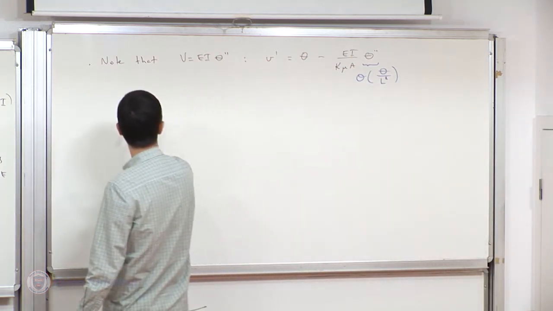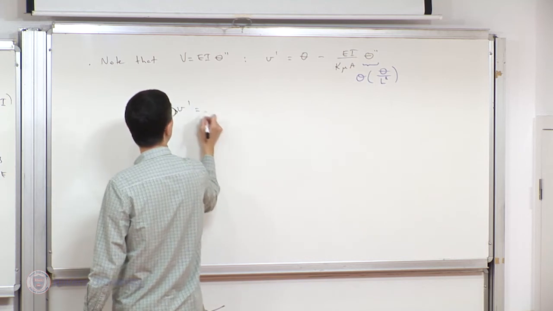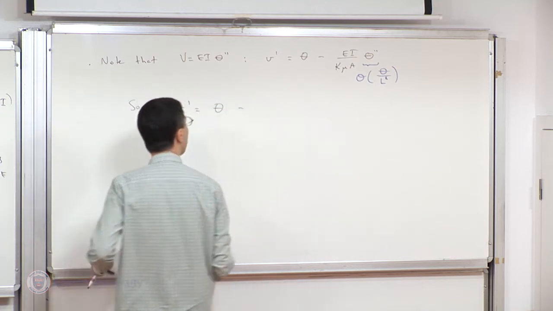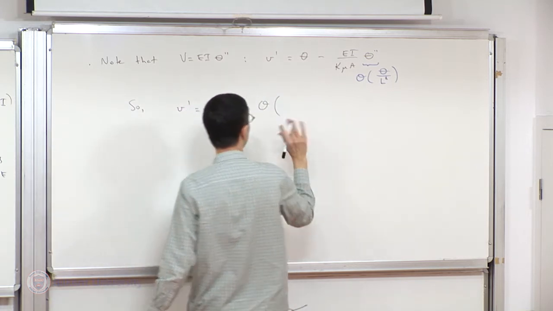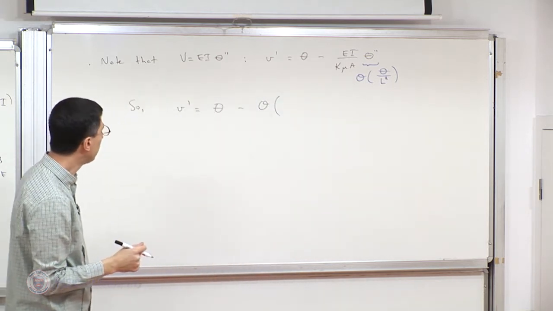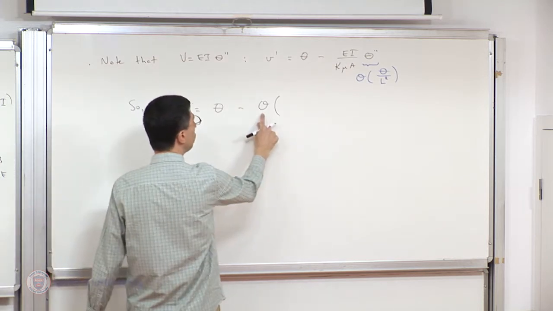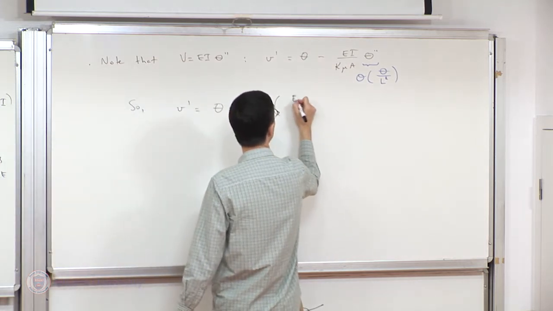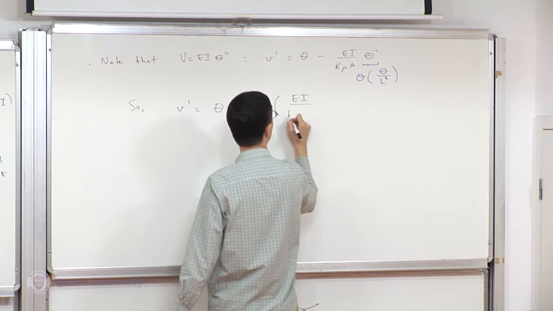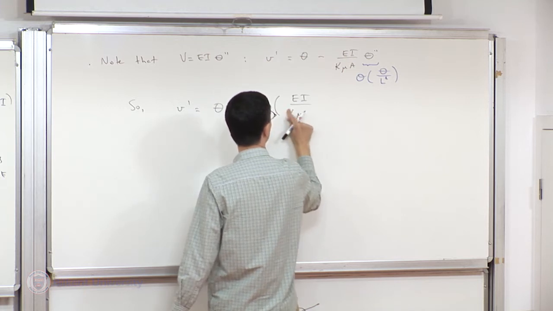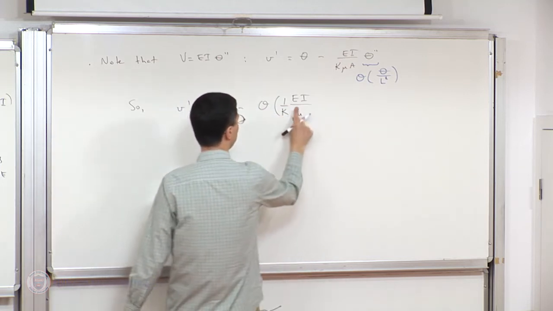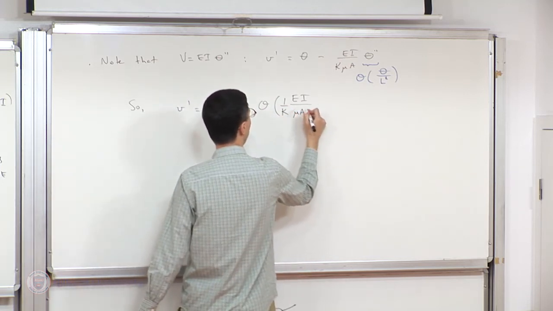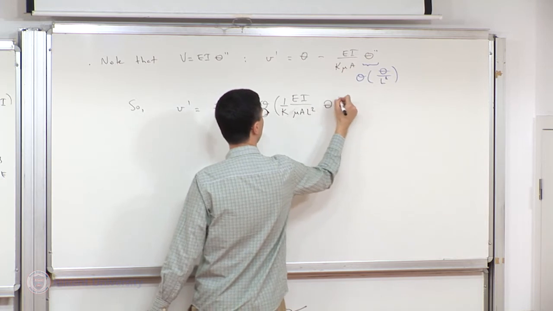So now what we have is V prime is equal to theta minus a quantity that is hopefully a reasonable approximation. Order of magnitude-wise, it's equal to EI over K, let's put K separate, mu A L squared theta.